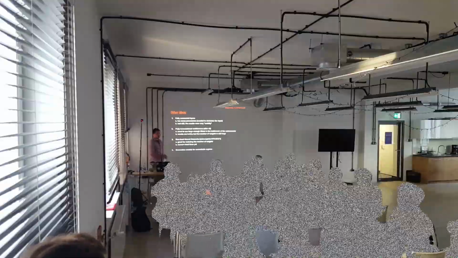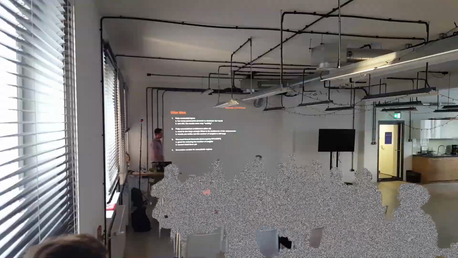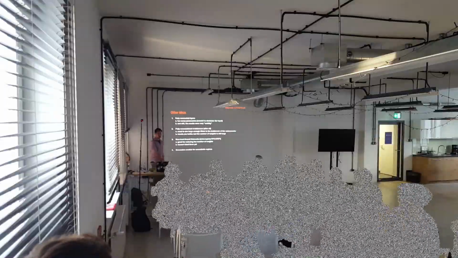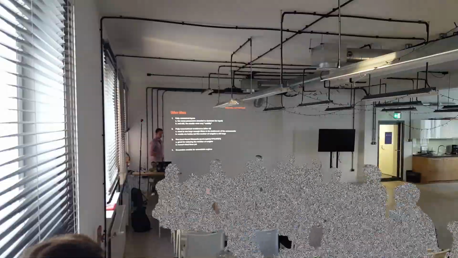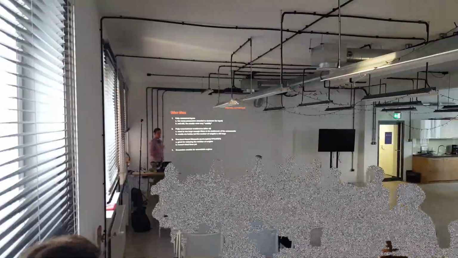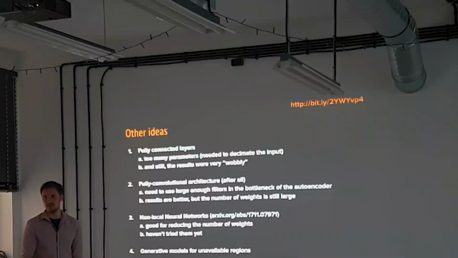I've never used a filter that's 12 by 18 before, but I used it and I did get better results. But the results that you see here are not from that architecture. The problem was that I didn't have a lower number of weights or parameters, because there were still some problems, and I used a lot of those filters. I checked if it worked, and it did work, but the model was larger than needed.